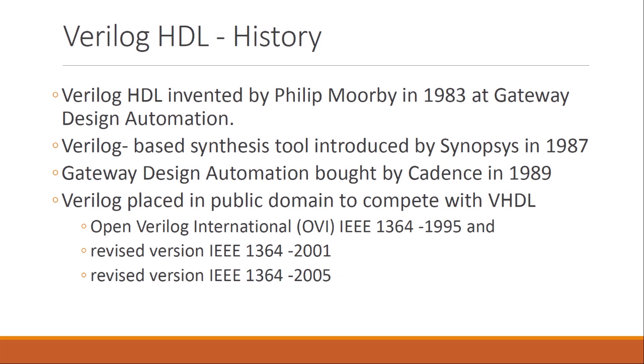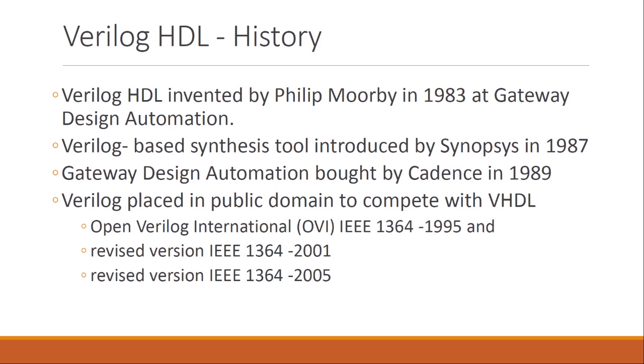If you look at the brief history of Verilog HDL, it was invented in 1983 at Gateway Design Automation by Philip Moorby. The HDL is like a programming language used to describe digital circuits, as I told you earlier.